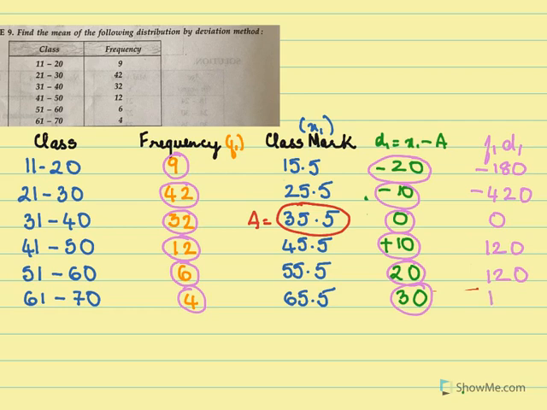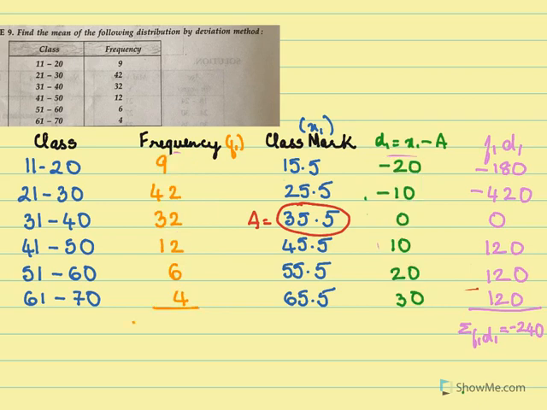Here 4 into 30, you get again 120. And then you find the total, which is sigma fi di, and the total comes minus 240. Here we add up, we get total readings 105, which is also the total observations.